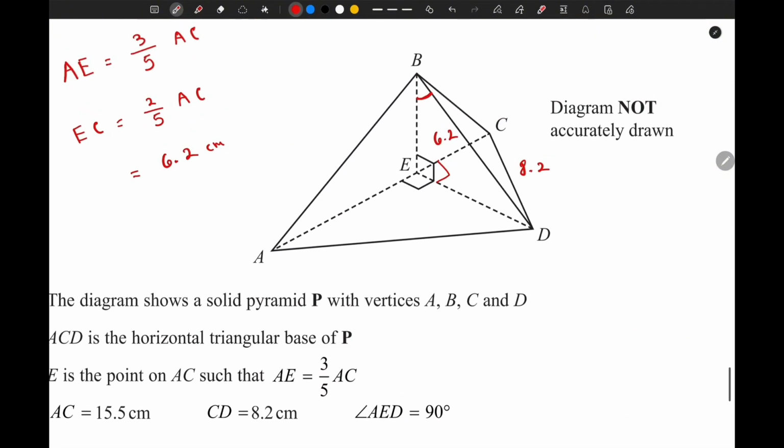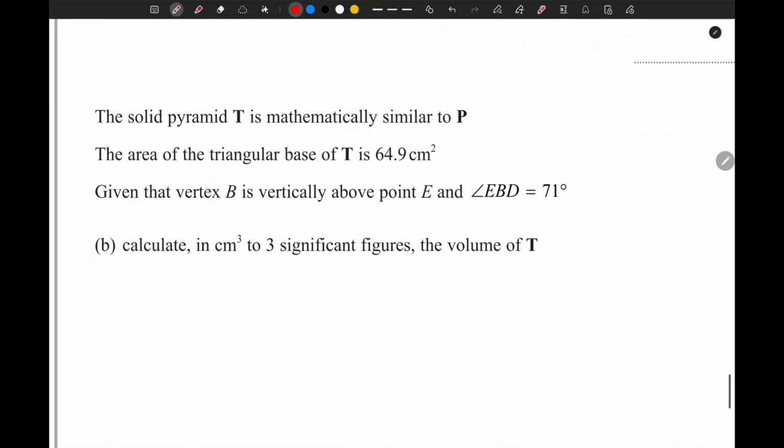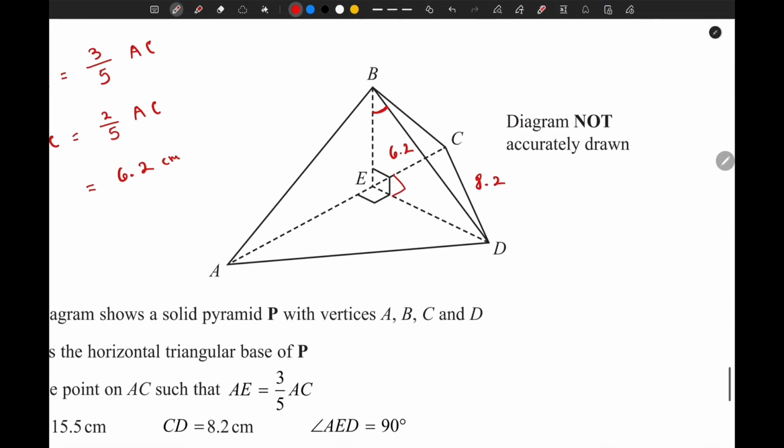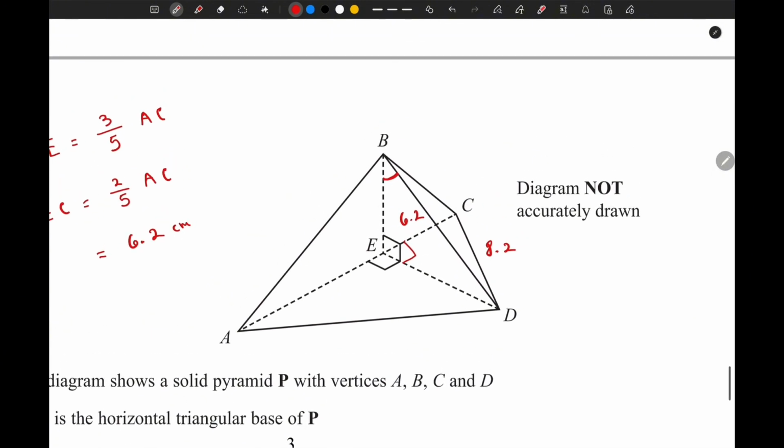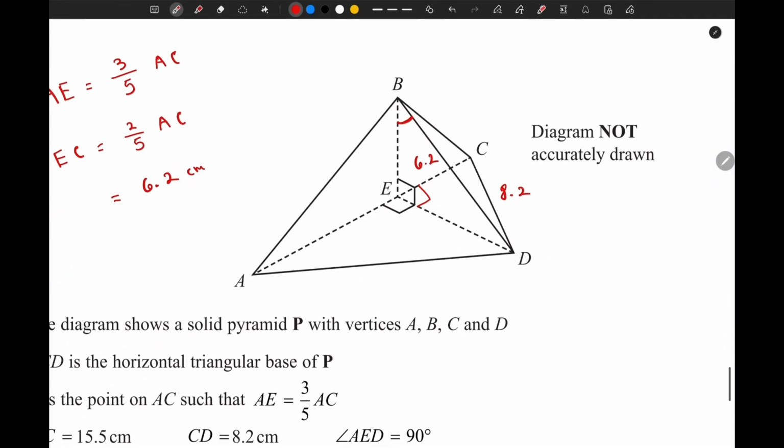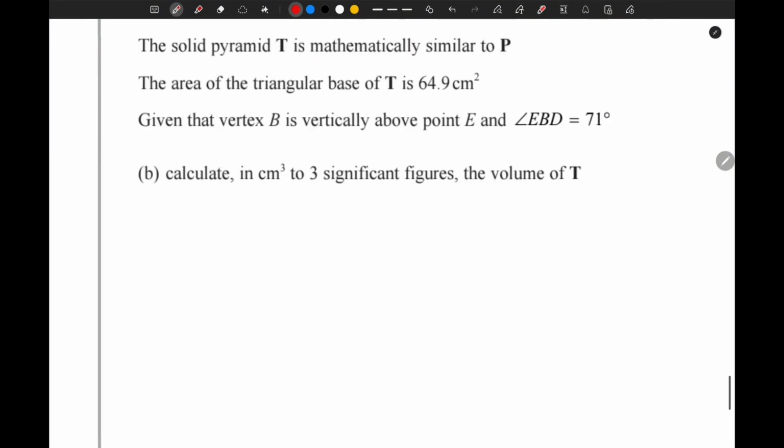So this is the shape P. All right, so we know the value of the shape P. Let's find the base area of shape P. The base is a triangle, so the area is half base times the perpendicular height. The base is 15.5.